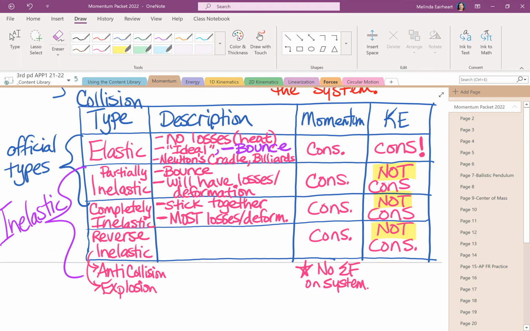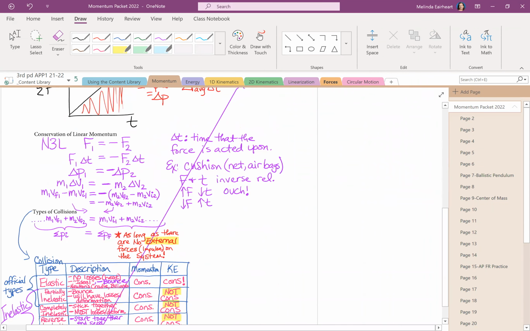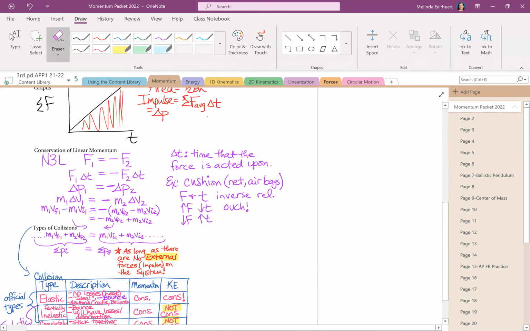And so whatever we call it, what makes it different than the others, they start together, and end separate. Hold on, OneNote's going crazy.